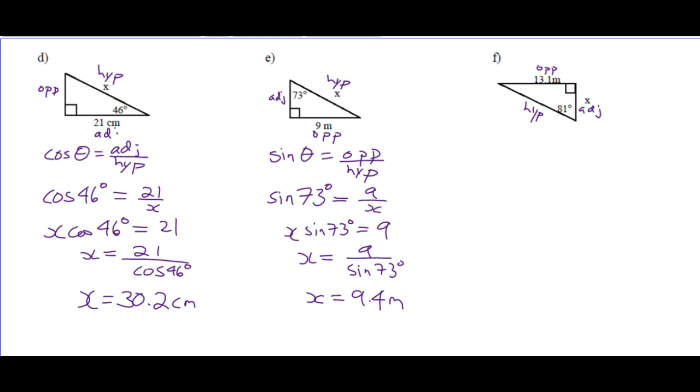Okay, so do this one. You guys should be able to just do this one. I'll give you a 20-second head start. Figure out what ratio you're using, write that down, substitute in.